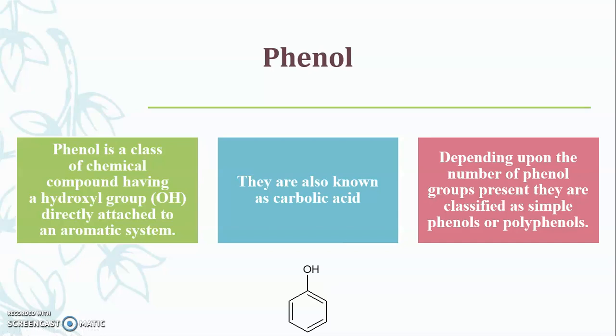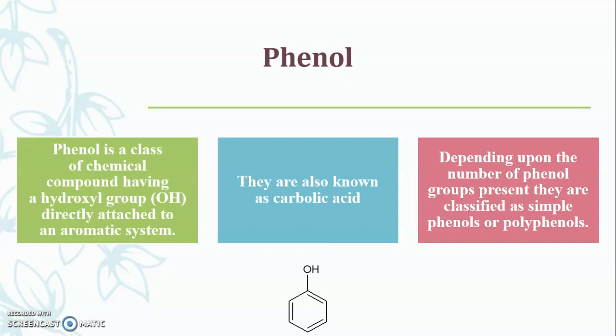Also there is a difference between the nature of these compounds, the alcohol as well as the phenol. Phenols are acidic in nature, while alcohols are neutral in nature. Phenols are about 1 million times more acidic than alcohols, but still they are regarded as weakly acidic compounds compared to carboxylic acid.